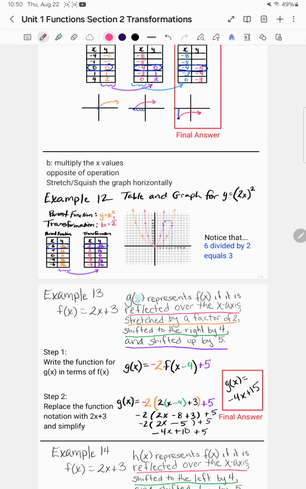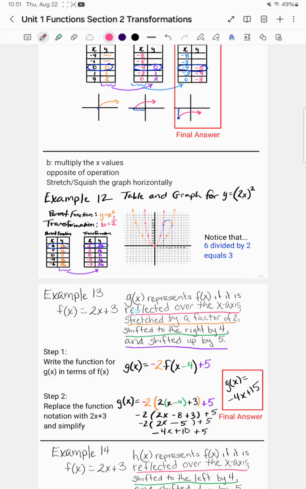They say that g of x represents f of x if it is reflected over the x-axis, stretched by a factor of 2, shifted to the right by 4, and then shifted up by 5. Okay, so that's a lot of things. So we're going to take it step by step.